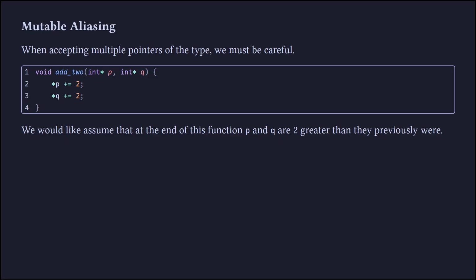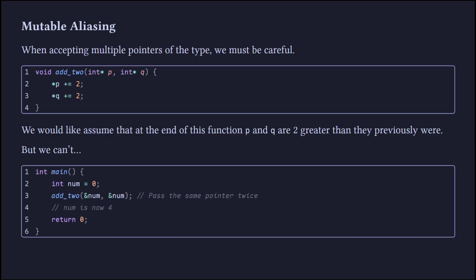But thanks to mutable aliasing, that's actually not true, because we could pass the same pointer twice. So we would do 0 plus 2 and then assign 2. And then we would perform 2 plus 2 and assign 4. And now both P and Q are 4 greater than they previously were instead of 2.